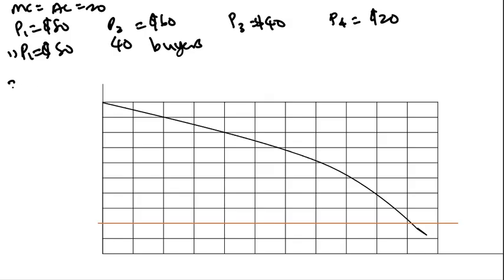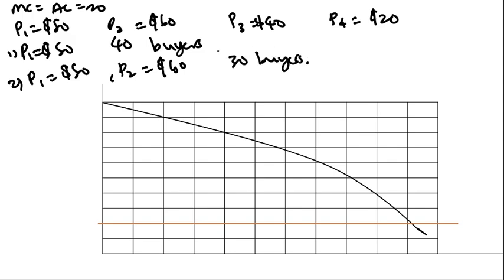Okay, let's say there are customers buying the first pair, and then at the same time they also buy the second pair. Okay, how many customers here? Let's say 30 buyers.